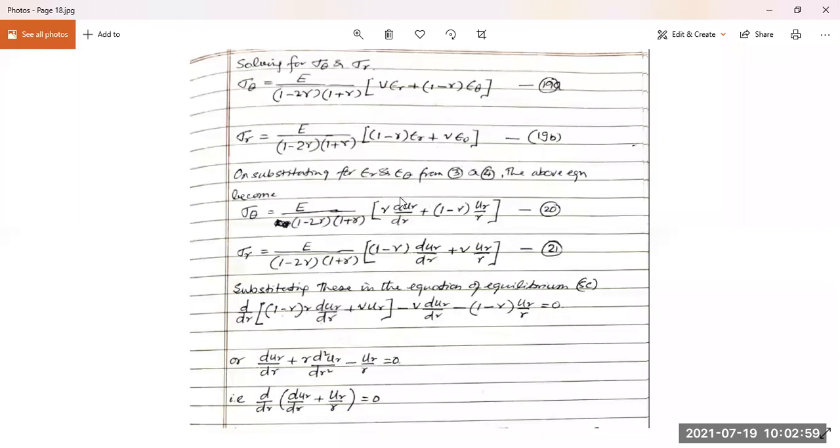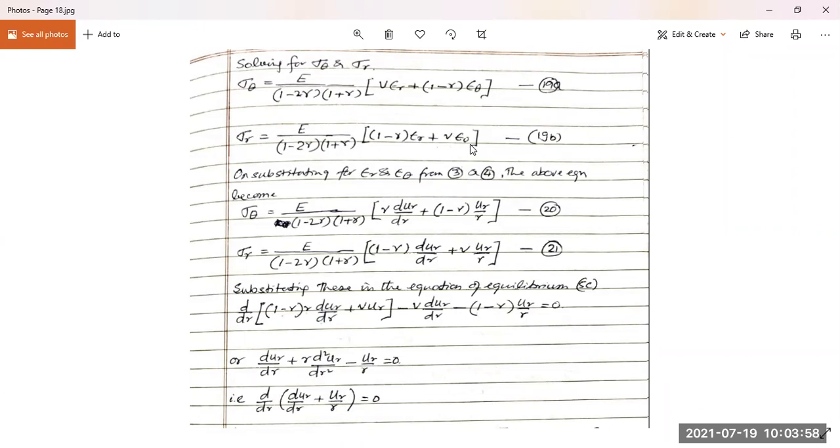What do we have in equations 3 and 4? In equation 3 and equation 4, what is given is epsilon theta is given as u r, the displacement along the radius direction, divided by r, which is the radius itself.